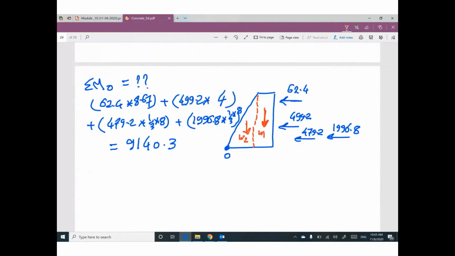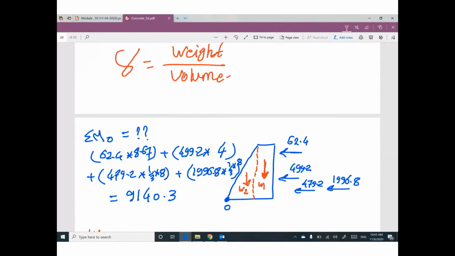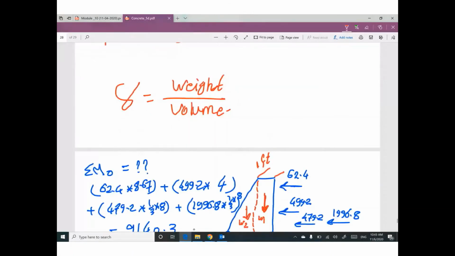What is W1 equal to? Just to remind you, gamma equals weight divided by volume. So we have extension in the other direction, which is 1 foot, unit width. So to figure out the weight W1, you need to multiply volume by gamma.